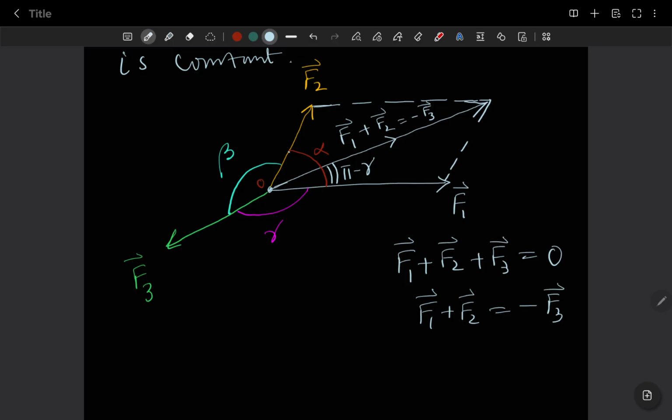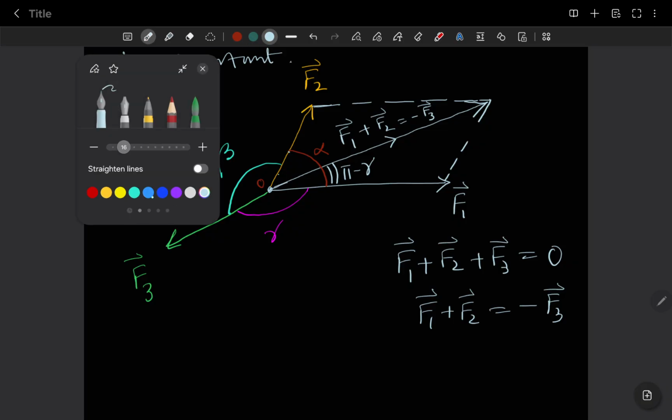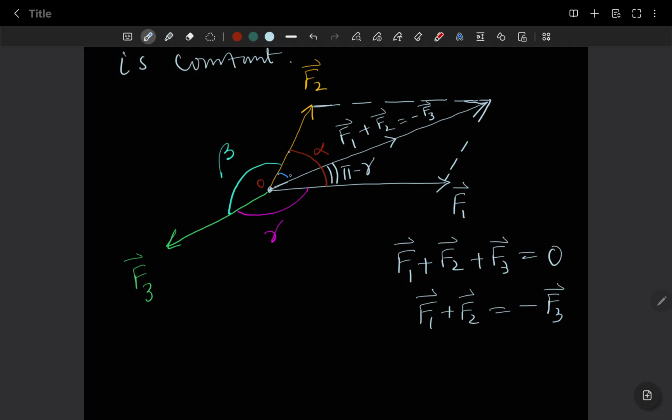If this angle is beta, then this much is pi minus beta, and this alternate angle is also pi minus beta. If this angle is alpha, then if I extrapolate it, this one is also alpha, so this angle will be pi minus alpha.